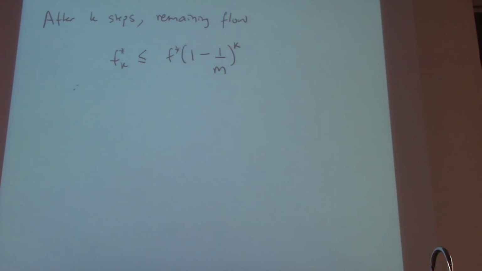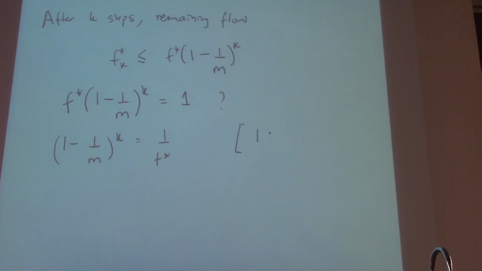So when is f star times 1 minus 1 over m to the k equal to 1? That happens when 1 minus 1 over m to the k is equal to 1 over f star. Now if you remember your secret weapon here, that 1 plus x to the 1 over x is roughly equal to e in the limit as x goes to 0.